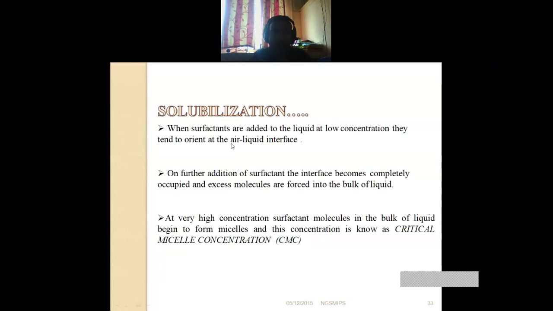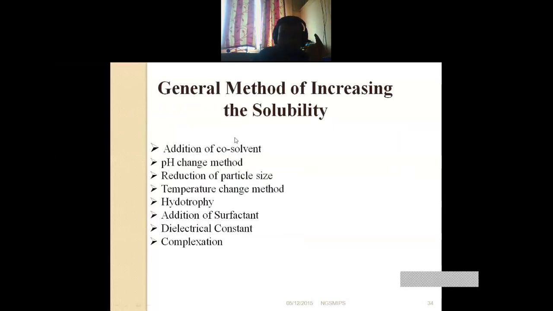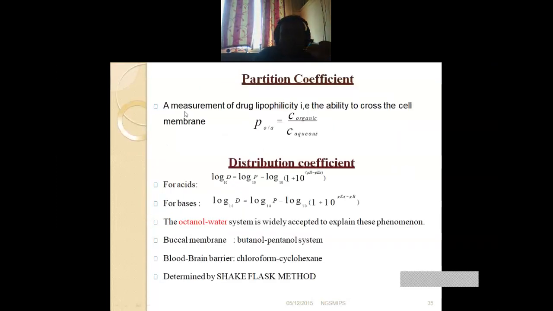That's why we have to measure drug lipophilicity. If the drug is soluble in lipid, then it is easily absorbed in our body.